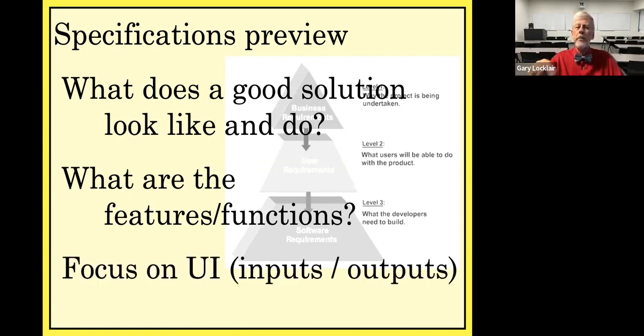Now in the specifications phase, we're going to focus on the total UI, inputs and outputs. We did outputs before. Now we're going to focus on the inputs. Bear in mind that input for a computer scientist isn't just data.